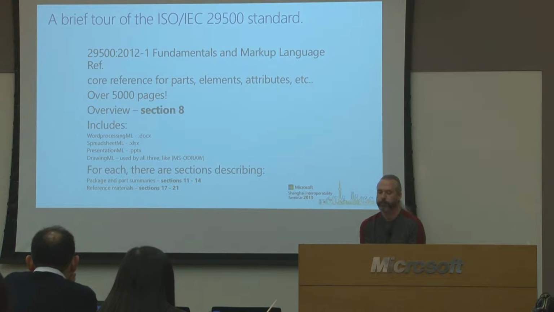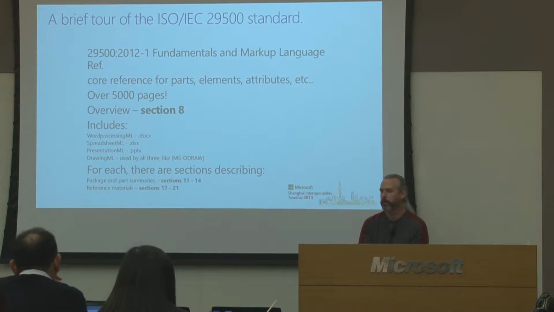The overview in section 8 is very helpful, so that can guide you. The markup languages included are WordprocessingML, SpreadsheetML, PresentationML, but it also includes DrawingML, which is roughly equivalent to the role that MSO Draw played in the binary file formats.